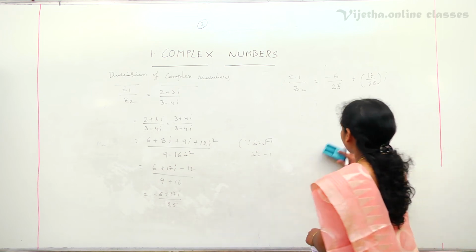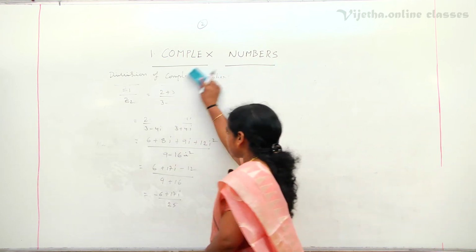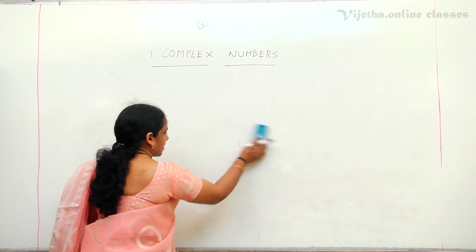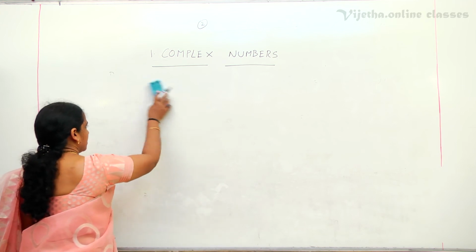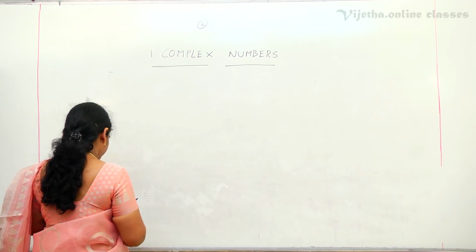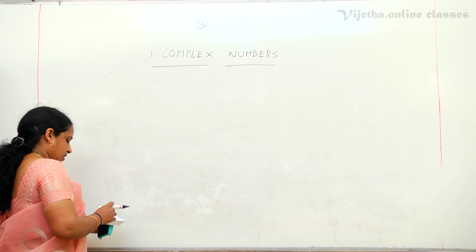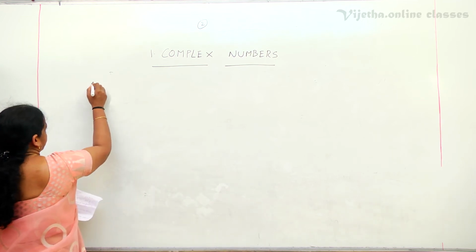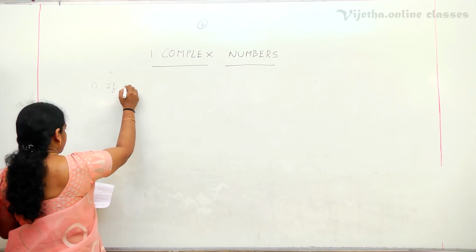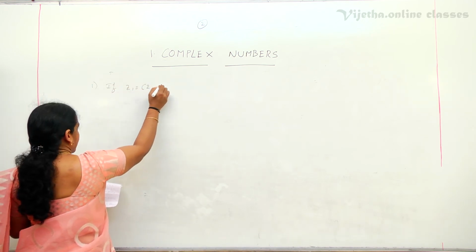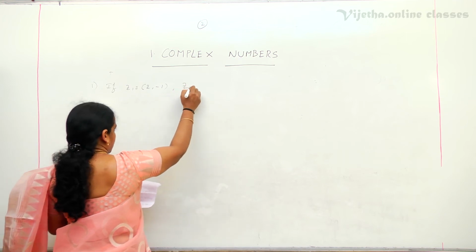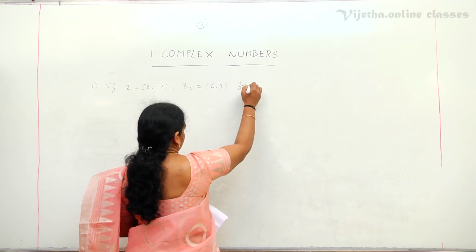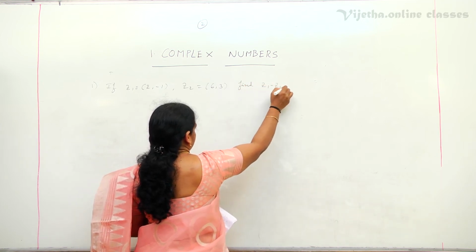Okay. Now we are going to discuss the first exercise problems. Exercise 1a. The first problem: if Z1 equals 2 minus 1, Z2 equals 6 comma 3, find Z1 minus Z2.